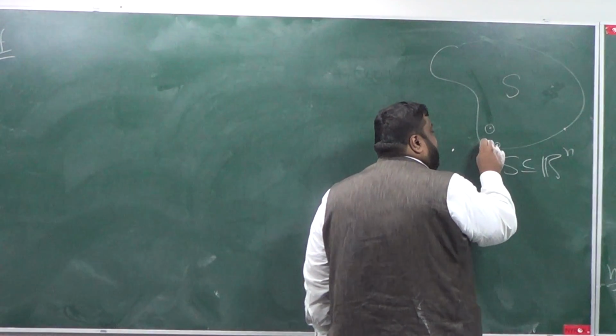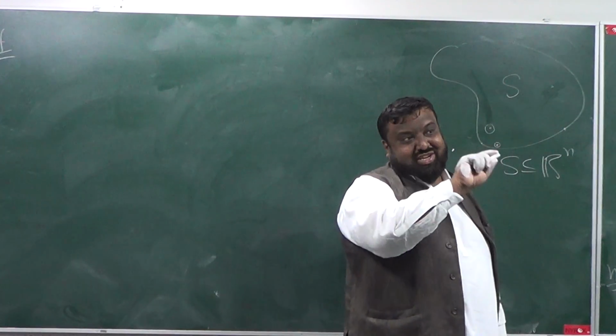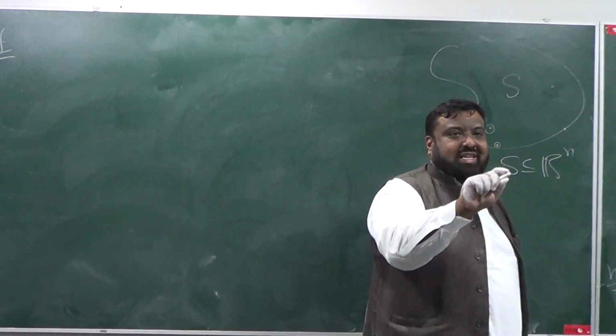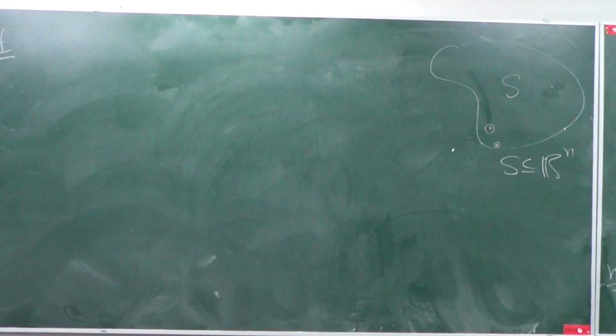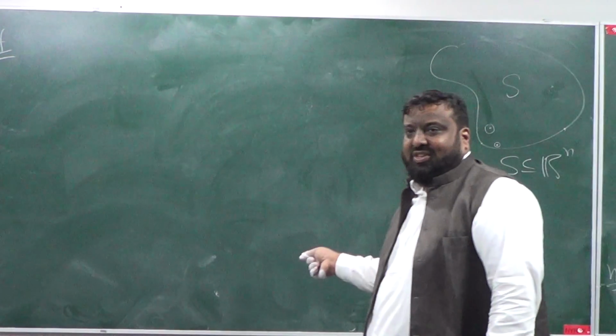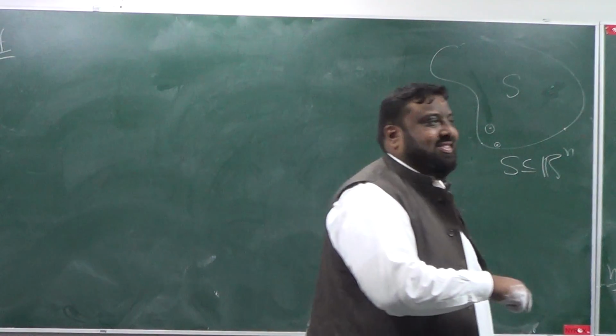But now imagine if you take a point on the boundary and you try to draw a ball, no matter how small or how big it is, some part of it is going to be outside the set and some part is going to be inside the set actually. And how about if you are outside?